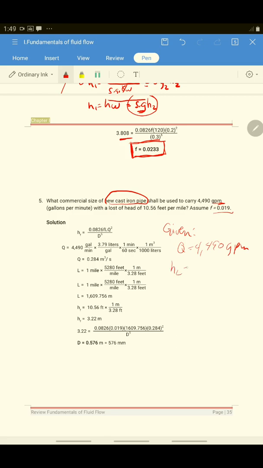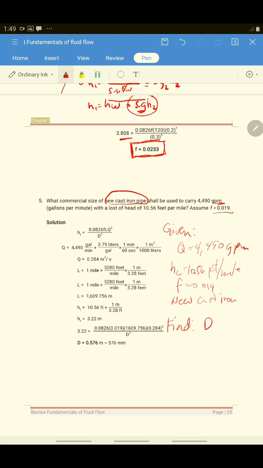Then head loss is 10.56 feet per mile. Then F is 0.019. The type is new cast iron pipe. Then you are going to find the diameter.